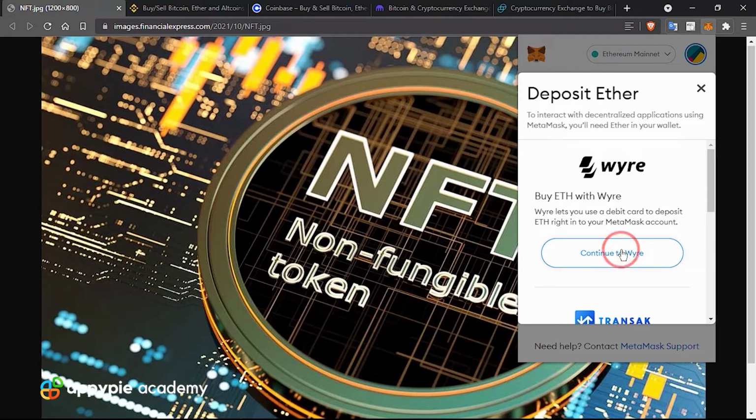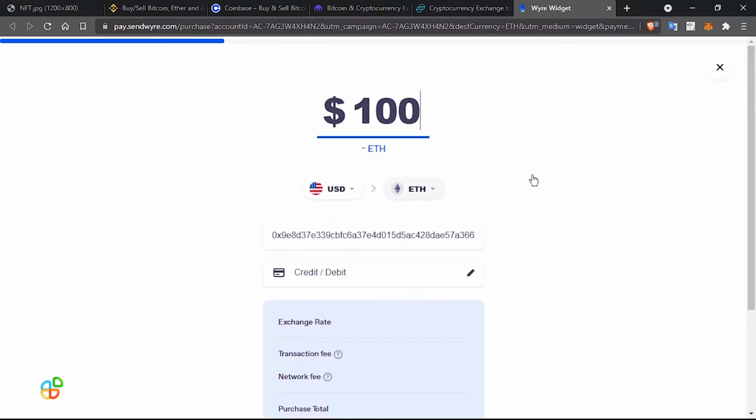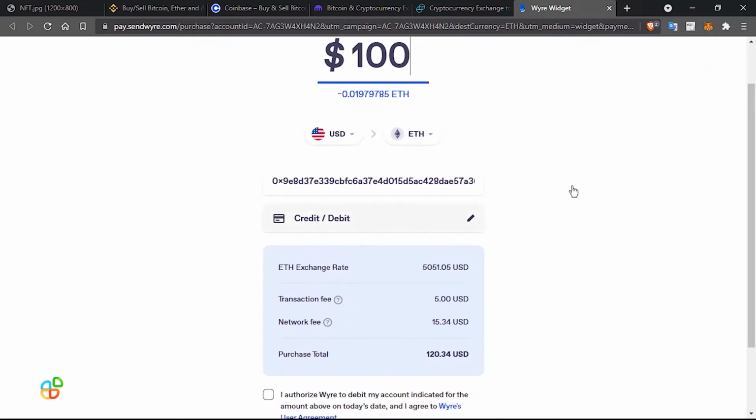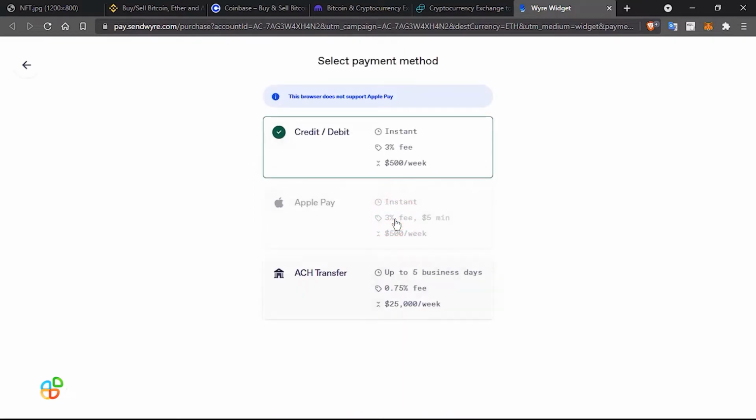So you can continue to wire, and this will open, and you will get some options like Apple Pay and your debit card. You can see here there is a credit or debit card option through which you can pay, and you can change it to Apple Pay, debit card, and the bank transfer route as well.